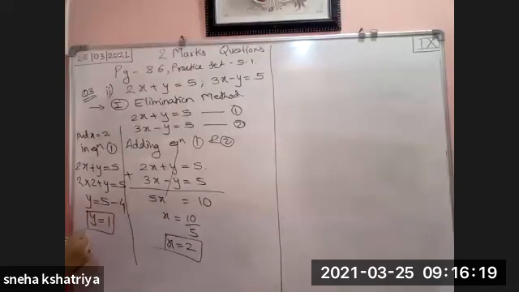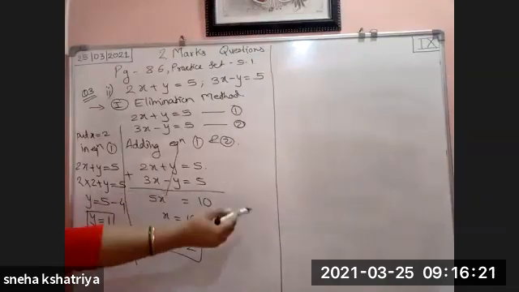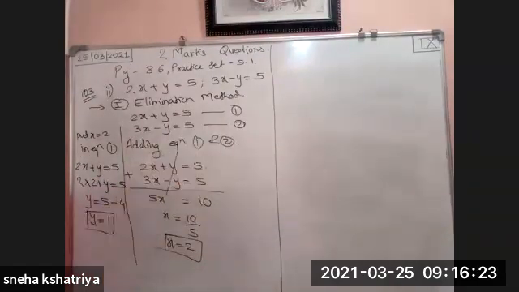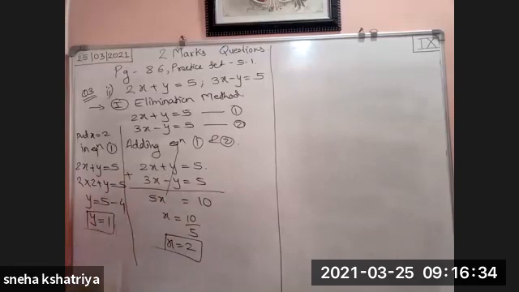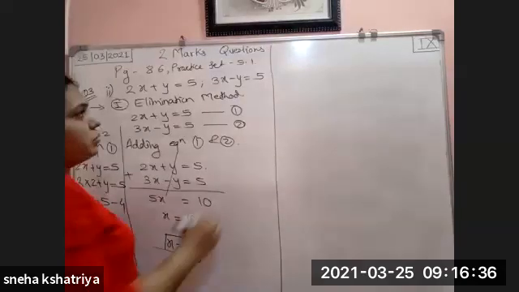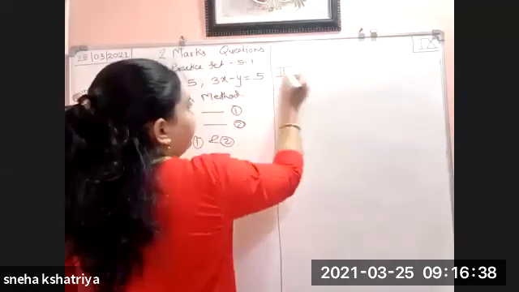I wrote it in a very short place because on the right side I am directly showing you the substitution method. So on the same board we can show you both methods, the elimination method and the substitution method. Now we will see the second one.